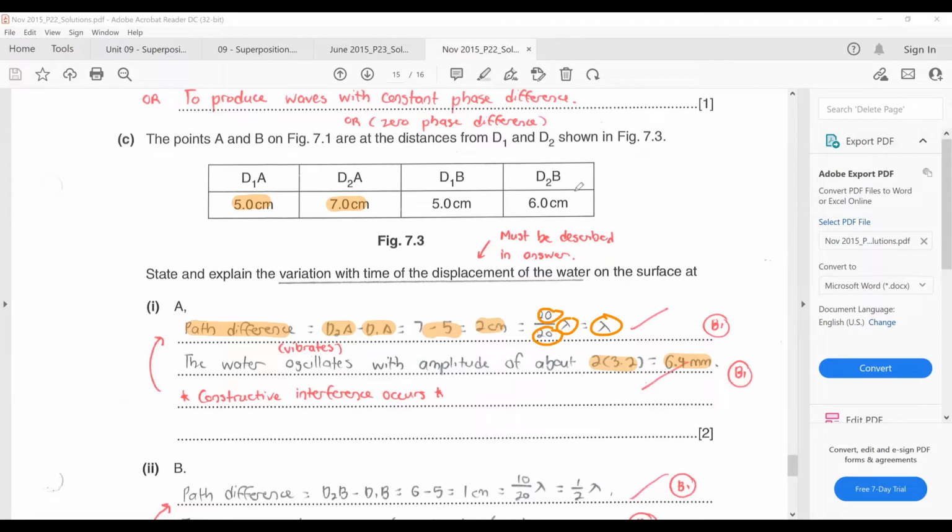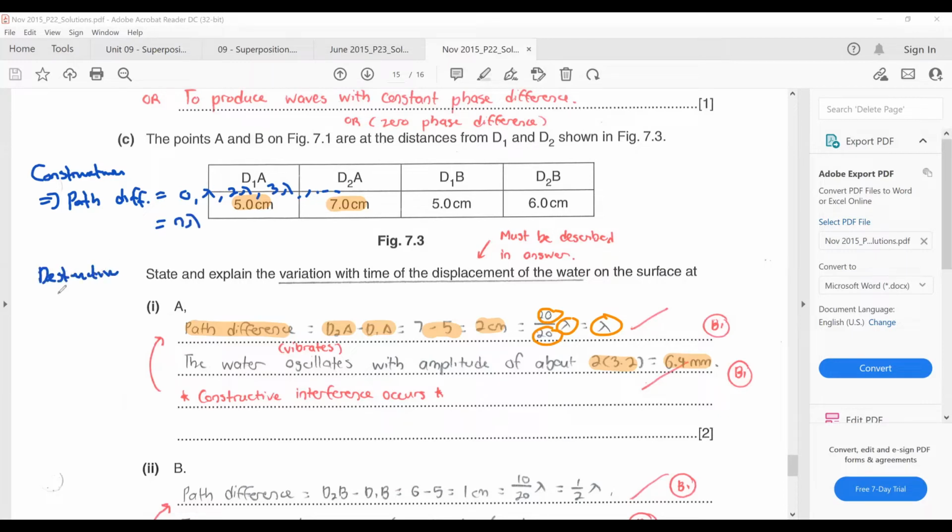Let me just write something for you. Constructive interference, I mentioned to you, path difference must be 0, lambda, 2 lambda, 3 lambda, and so on, that is n lambda.